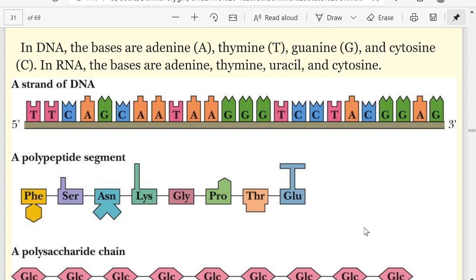These bases are arranged in a specific order in order to code for different proteins. Here we see that this strand of DNA going from the 5' end to the 3' end is made up of a specific set of nucleotides, and by having that specific set, it can carry specific information to code for specific proteins.